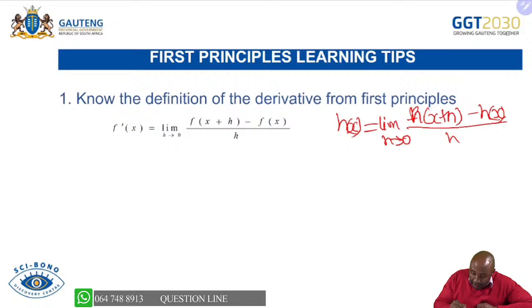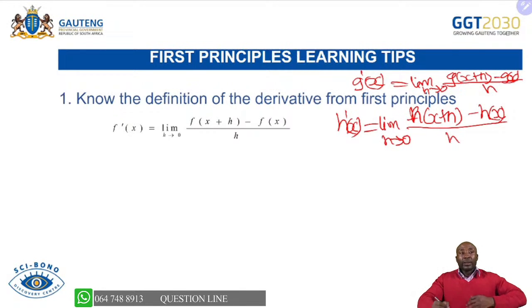If your function is g, it means you are going to have g dash of x is equal to the limit as h tends to 0 of g of x plus h minus g of x, all over h. It doesn't mean that you will always be working with f of x, but on our formula page it is given as that. We should always refer to our formula page as it assists us as we move along.